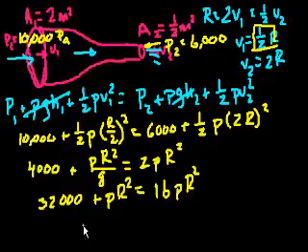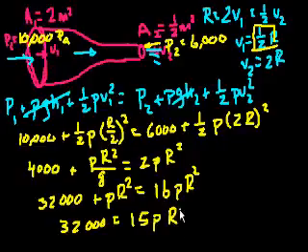Subtract rho R squared from both sides of this equation, and we get 32,000 is equal to 16 rho R squared minus 1 rho R squared, so this is 15 rho R squared. And then what's rho? What's the density of water? The density of water is 1,000 kilograms per meter cubed. So let's divide both sides by 15 times rho.